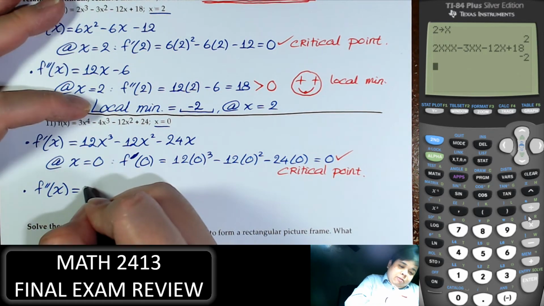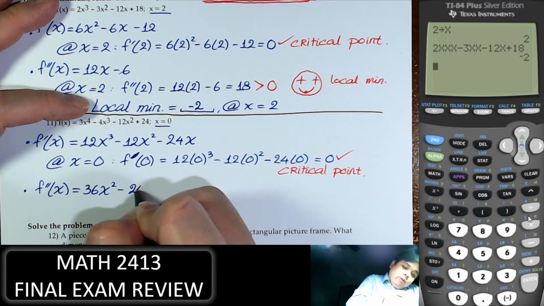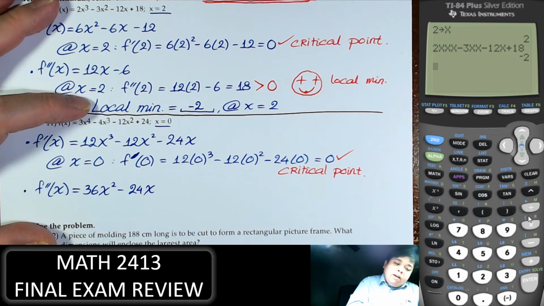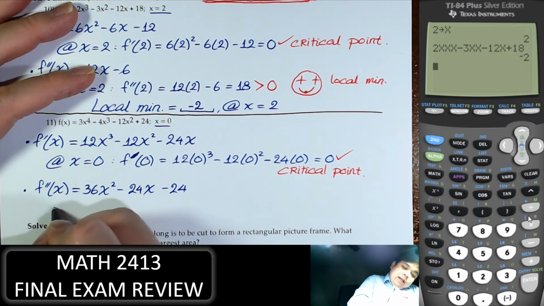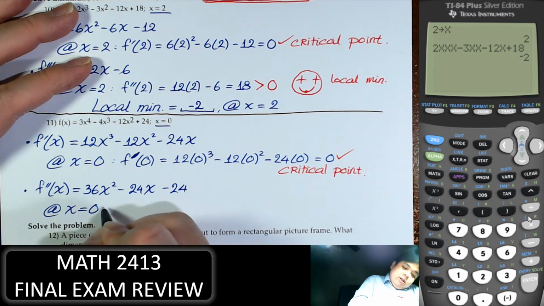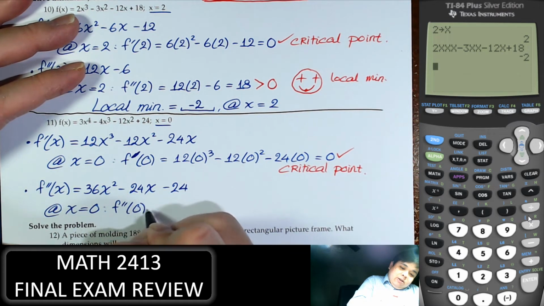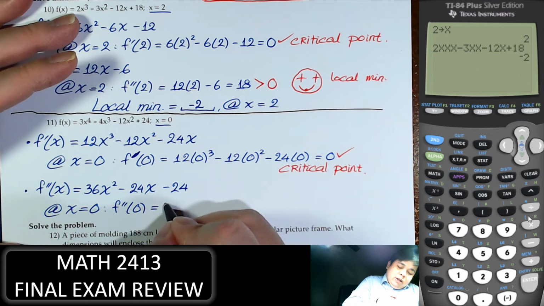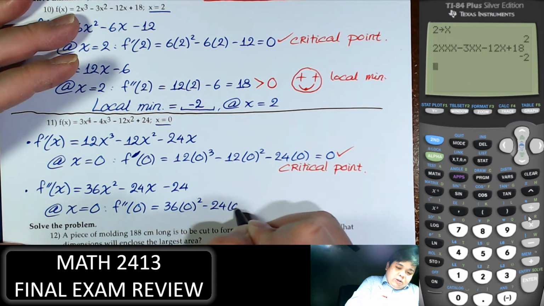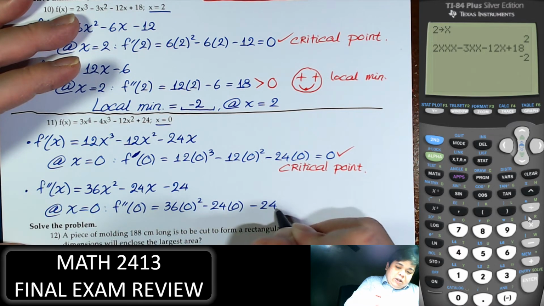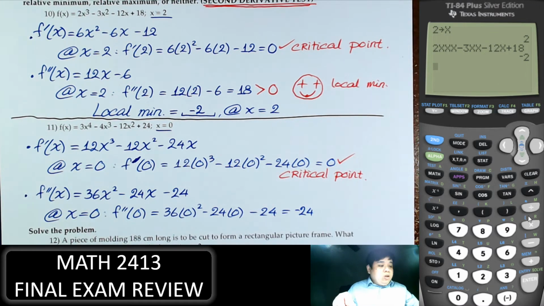36x squared minus 24x minus 24. Now evaluate at x equal to 0. Second derivative at 0: 36 times 0 squared minus 24 times 0 minus 24. Of course that's 0. We have -24, which is less than 0.